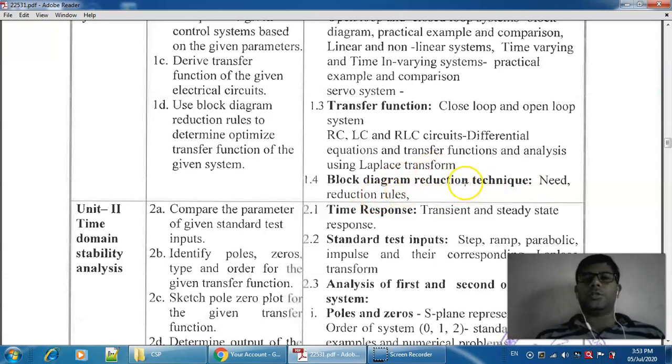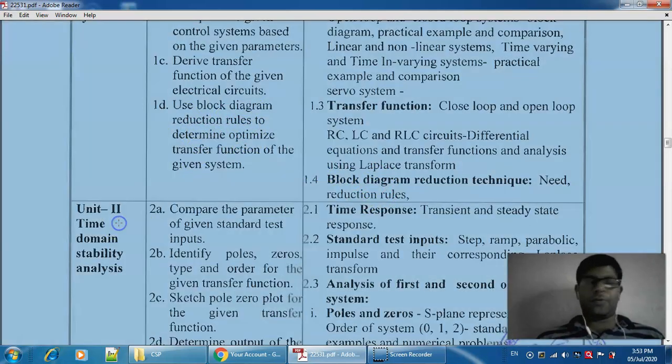This is also an important topic, because in the examination, for 4 marks or 8 marks, there is almost always one or two questions. Why is it required? Actually, many blocks can be reduced into one single block, and you can calculate the transfer function of that block diagram or control system. So these are the four unit outcomes of the first chapter.